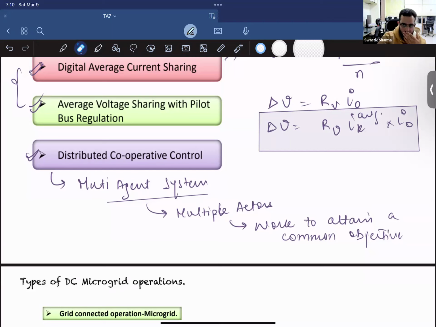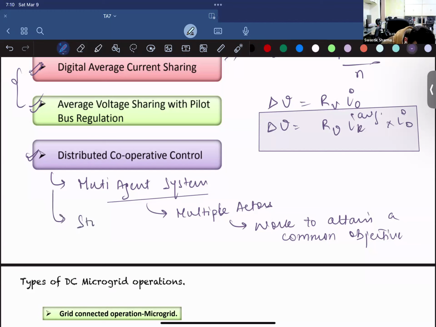Now in this, we have different storage devices, right? In this, the actors are storage devices. These can be your batteries, ultra capacitors, super capacitors, etc. And their SOC are controlled to achieve that, at any given point of time, no energy source should have a deficit of energy.